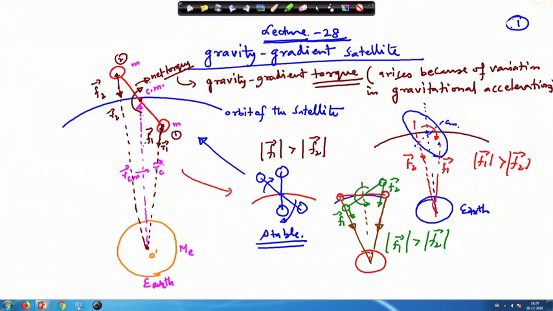So, if your dumbbell satellite, which is originally in this position, is disturbed to this position, it will not tend to return back to the original configuration, rather it will keep moving and it will come to this position.